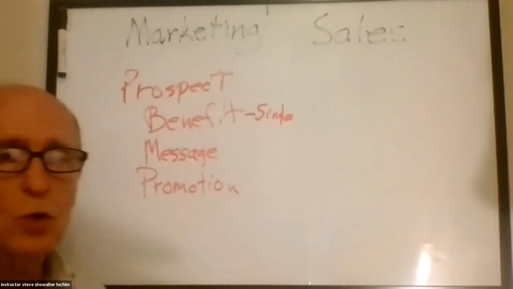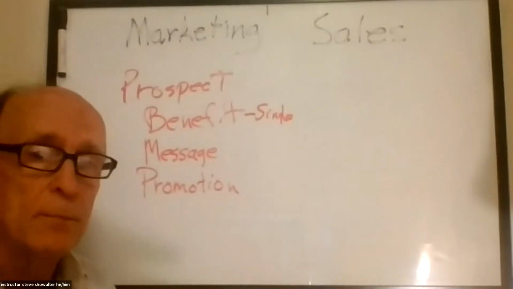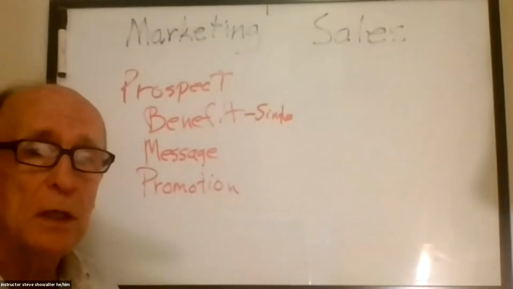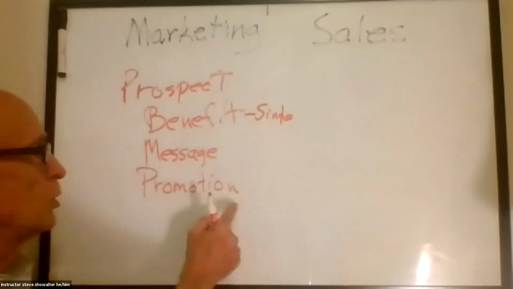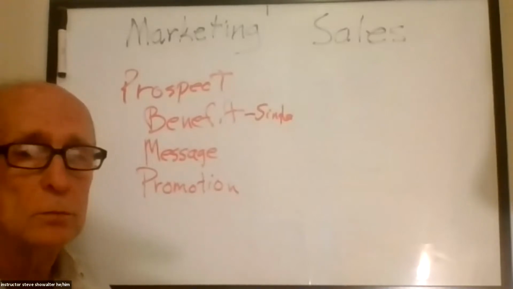The promotion is the way you're going to say your thing. Is it going to be a presentation at a meeting? Is it going to be a website? Is it going to be door hangers on the doorknobs in the area you're working in? Those are all different kinds of promotions that you would do.